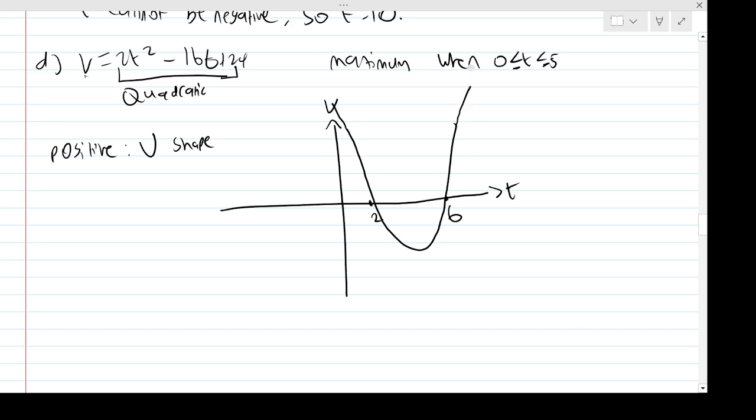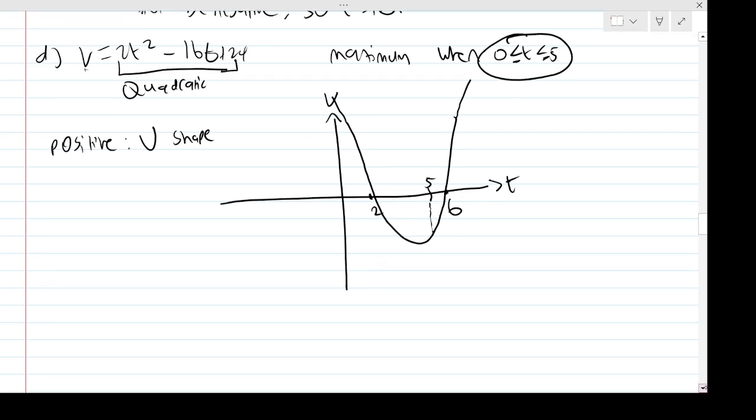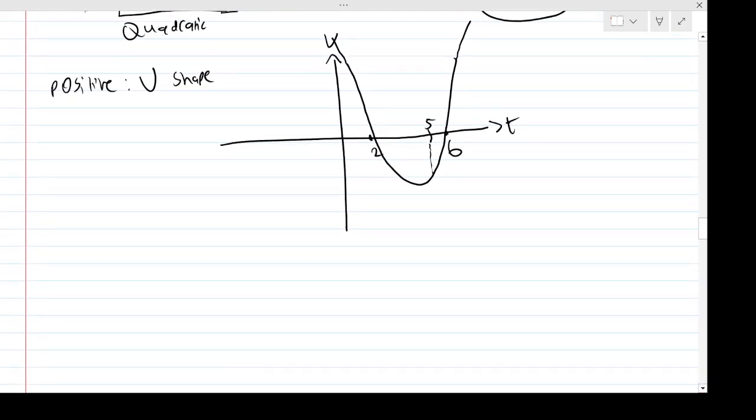Now, I only want the values between 0 and 5, right? So let's say 5 is here then. So actually, if I just cut off the parts of the graph I don't want, I'm going to end up with this. Okay, so it's strictly between 0 and 5, right?